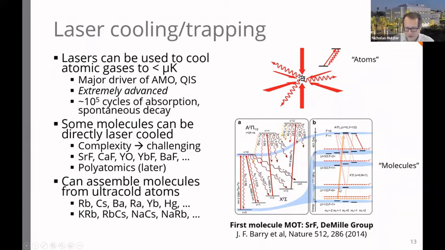Another avenue, which I'll revisit briefly later, is that you can also assemble molecules from ultra-cold atoms. So start with ultra-cold atoms and then coherently associate them into ultra-cold molecules, which works for species that you can make out of pairs of ultra-cold atoms. And this field is advancing very rapidly, driven largely by the quantum information science and precision measurement goals.